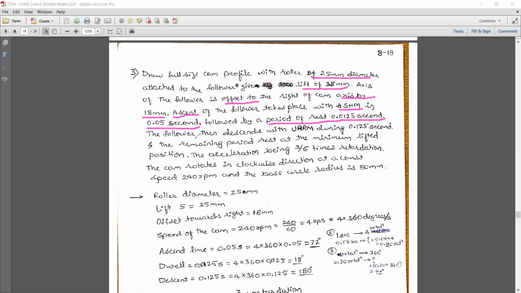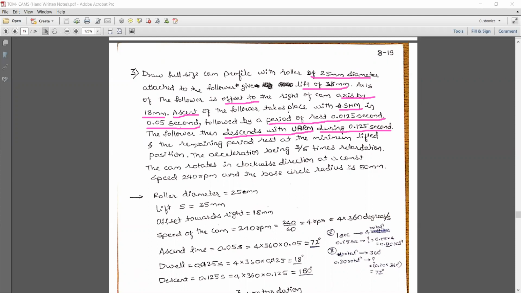And the follower then descends, means it will come back to its original or lowest position with UARM during 0.0125 second. From the dwell position it will come back to the original position. It will take 0.0125 second with UARM motion.